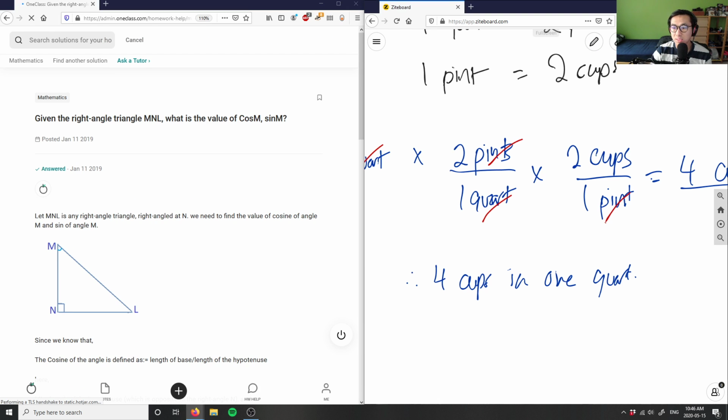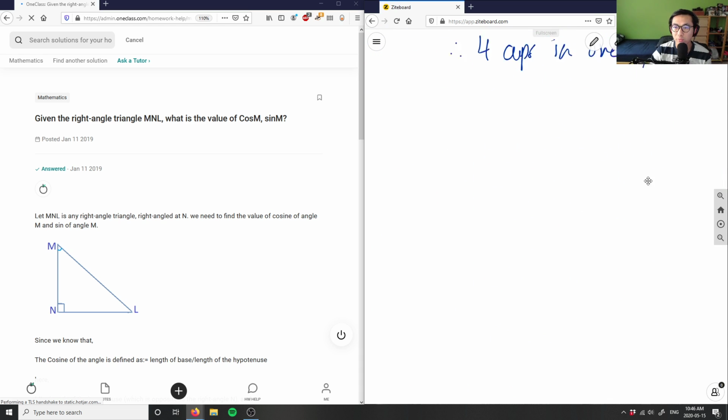And then finally, this is number 12. I'll finish the problem off with number 12 here. It says, given the right angle M and L, what is the value of cos M and sine M here?